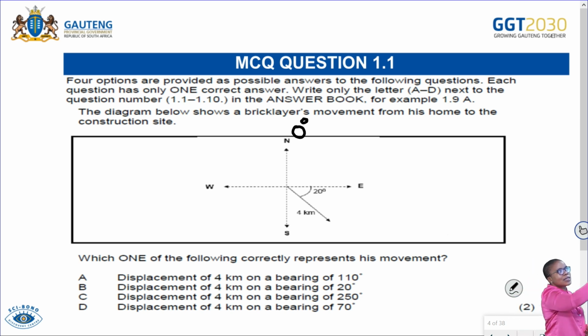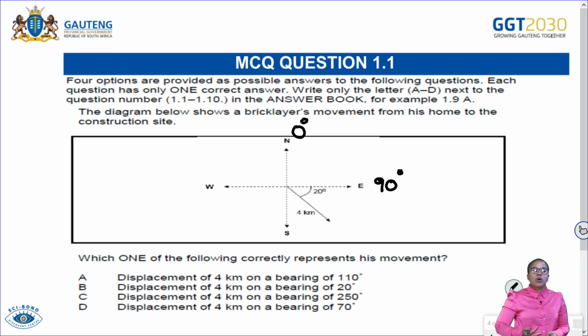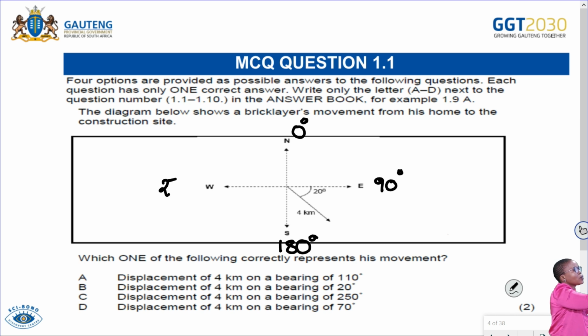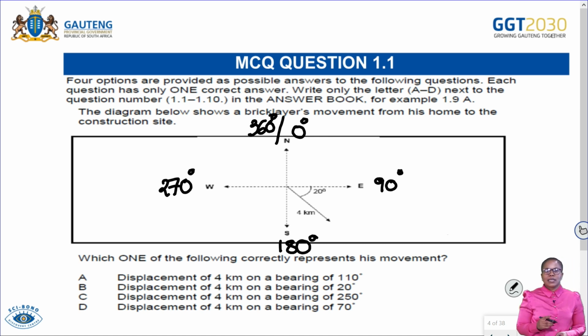Okay, so if this one is 0 degrees, therefore this here is your 90 degrees. Okay, and then here is the movement, or the direction in which the bricklayer moved. So if you place it here, obviously this will be your 0 degrees, your 90 degrees, making this to be your 180 degrees, this being your 270 degrees, and that one where you started being your 360 degrees.